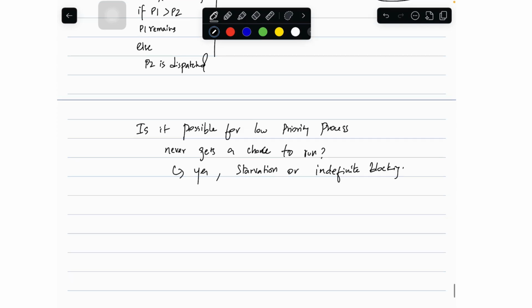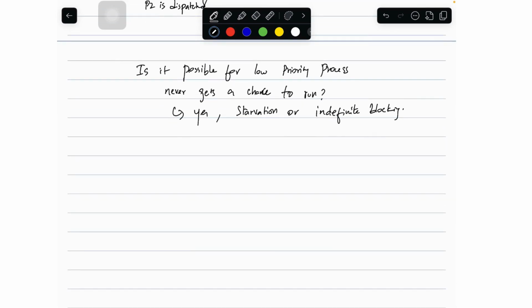There's a rumor that in IBM, after they used priority scheduling for a few years, there were processes which didn't get a chance to run at all. It's just a rumor. But it is actually possible for a process which has the lowest priority to never get a chance to use the CPU.